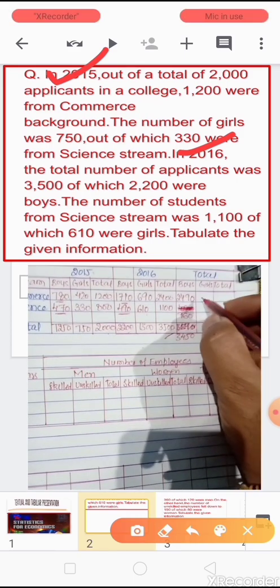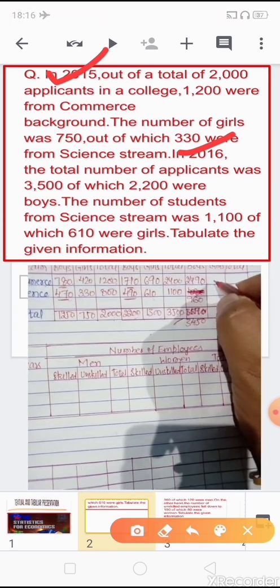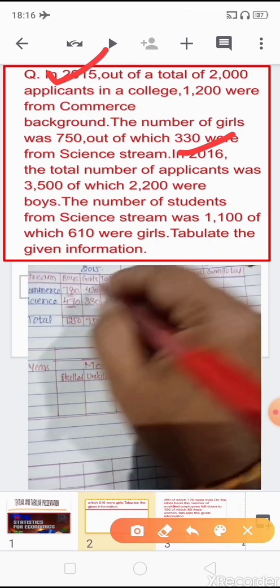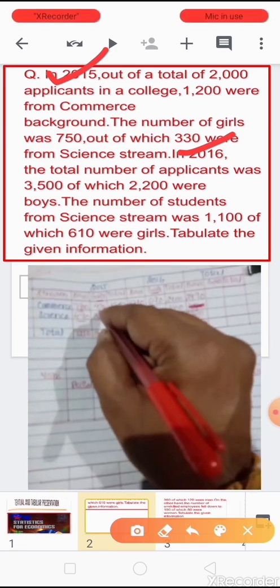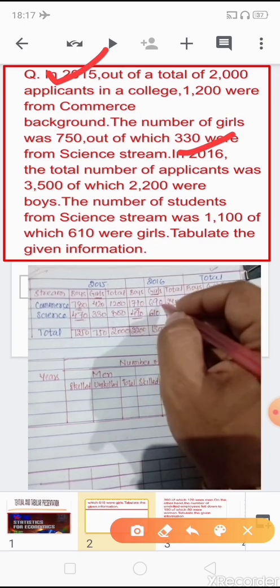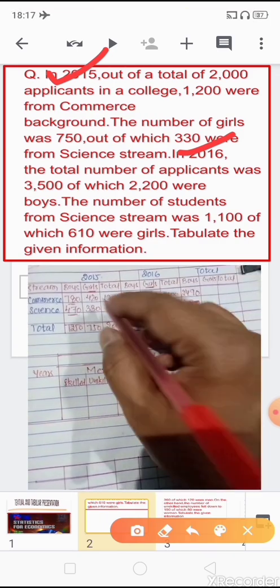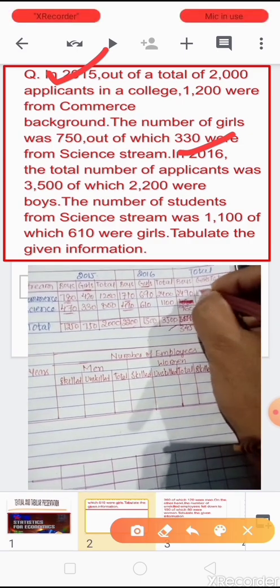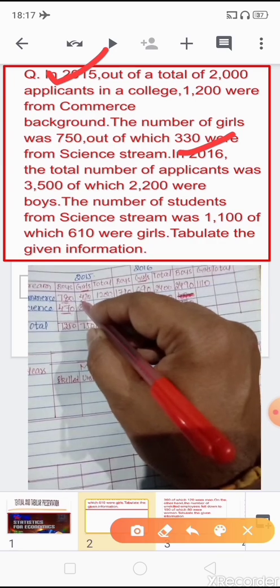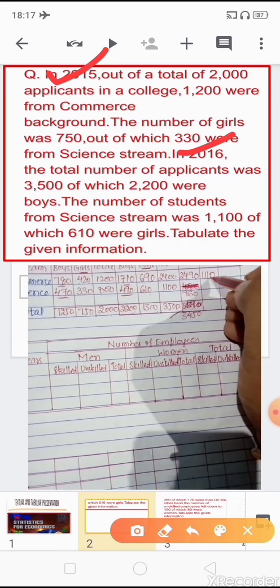Please calculate the values correctly, because somehow a mistake was made. So we have to add the values of girls with this. You just see in commerce we have 420 girls in the year 2015, and in 2016 we have 690. So 420 plus 690 is 1110. So that is why I have written 1100.